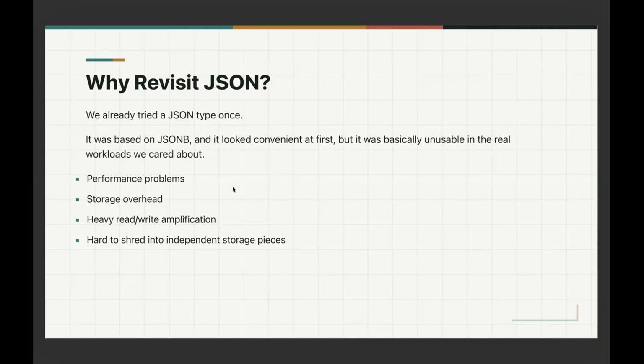Performance is not good, and storage is also not good. It brings a lot of read amplification and write amplification. And it's hard to shred it into independent pieces when you only need to read a small part of it. You have to decode it row by row, and you need to read the full column of the entire JSON object.